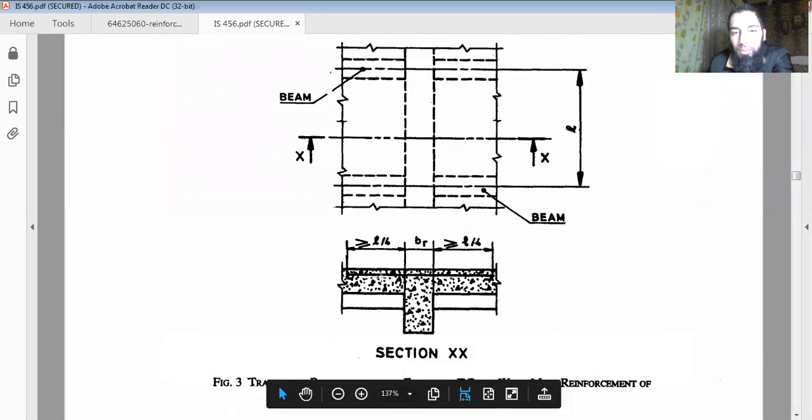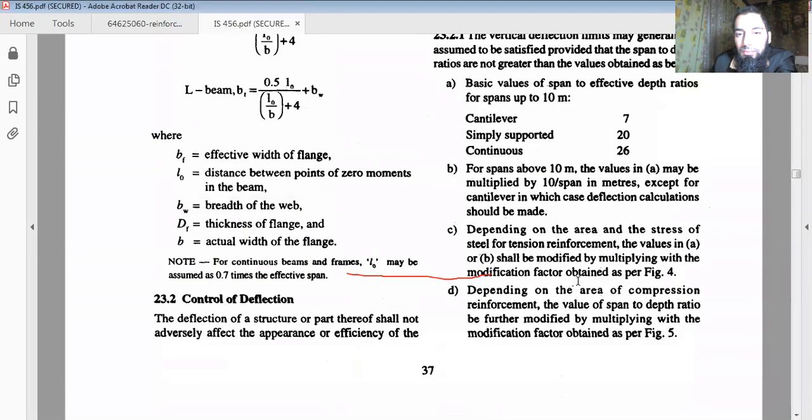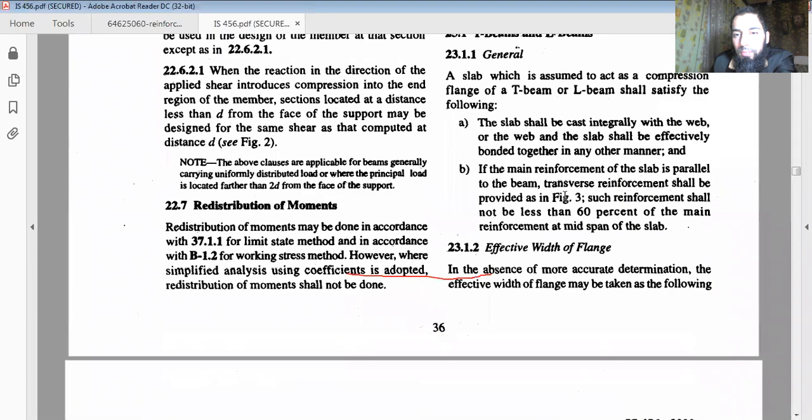Now, as I said, there is a bar here. This is the bar that's cast in the slab, and the main reinforcement of the slab is parallel to the beam.